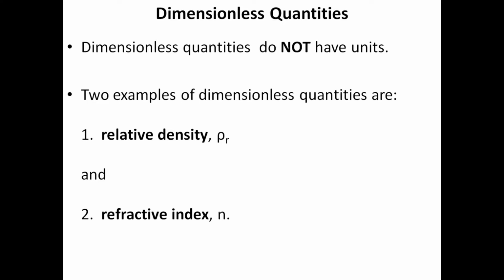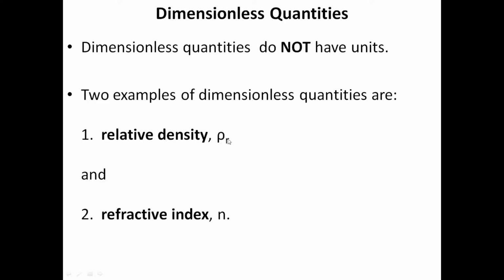And the refractive index doesn't have any units. There's another one too. It's called magnification. Magnification doesn't have any units as well, because when you divide one entity by another, the units are the same and they end up canceling out each other.